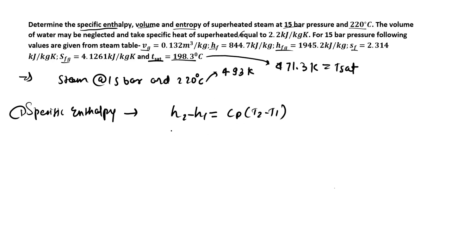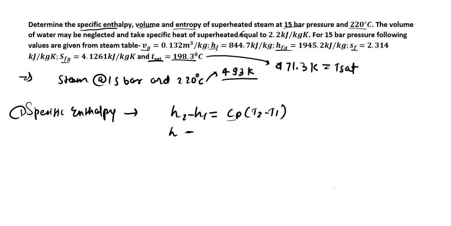If you put point 2 as whatever you want to calculate, which is 493 Kelvin, we need to find it at that temperature and 15 bar only. So the pressure is constant, which is why we have Cp. We have H2 minus H1, which will be H minus H at the saturation point.